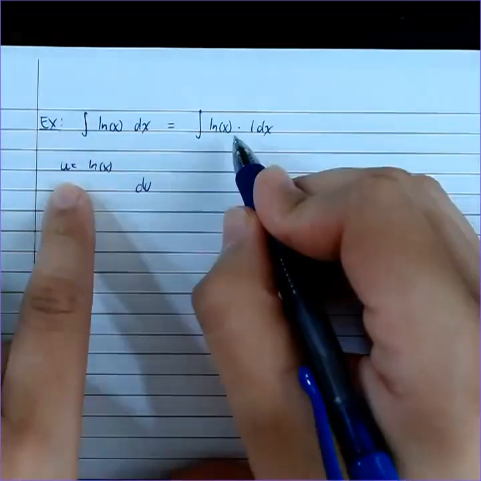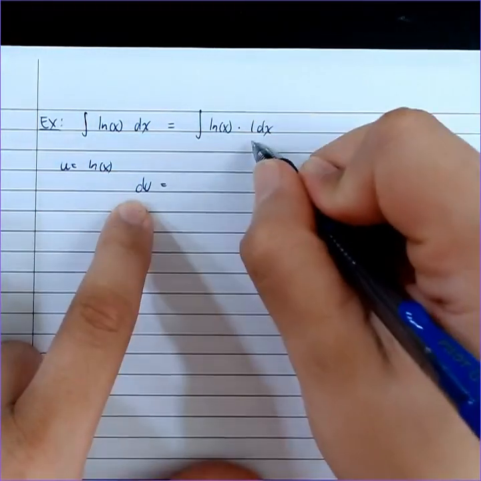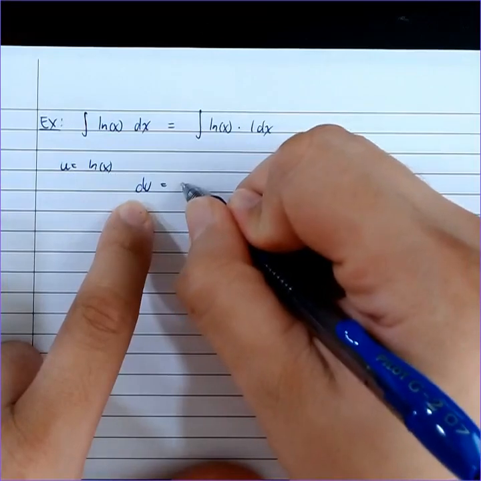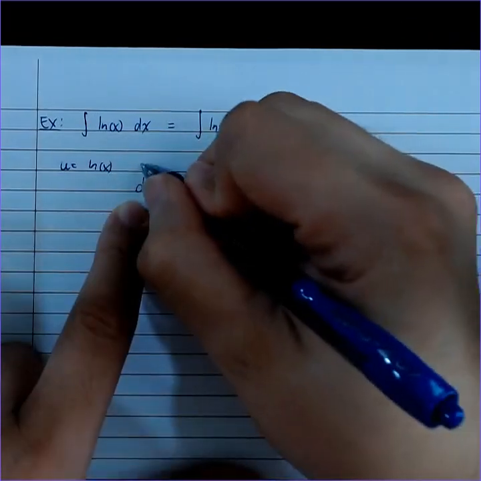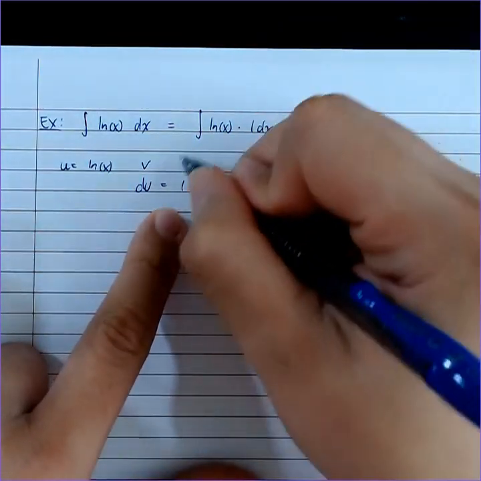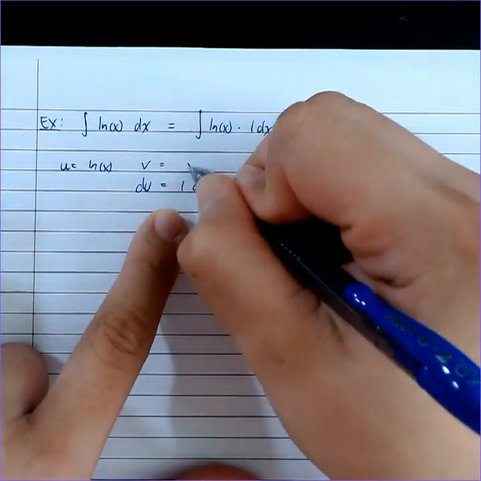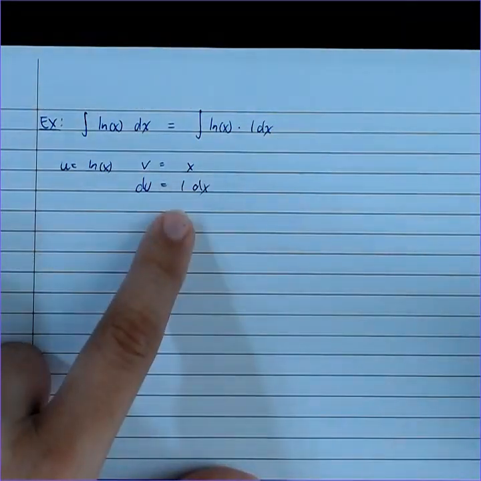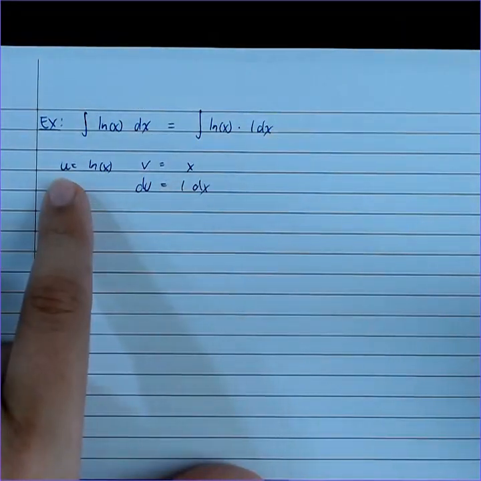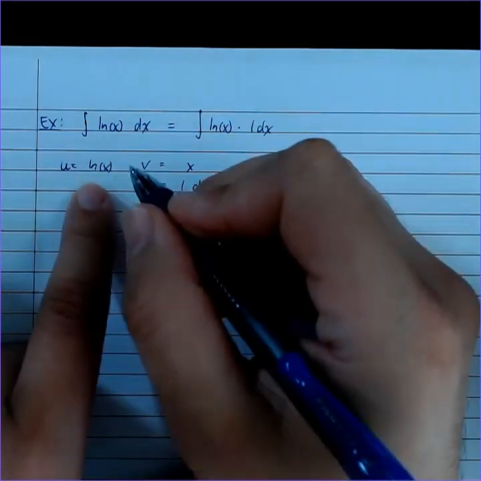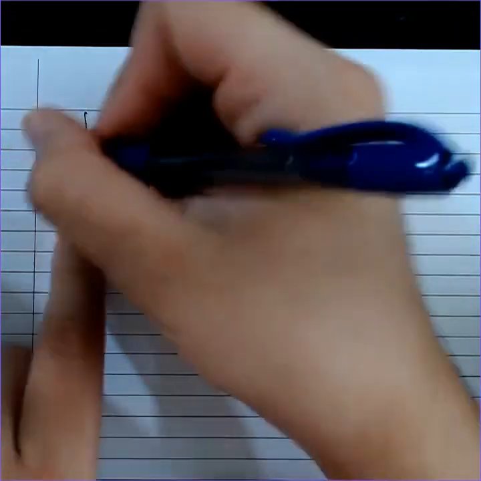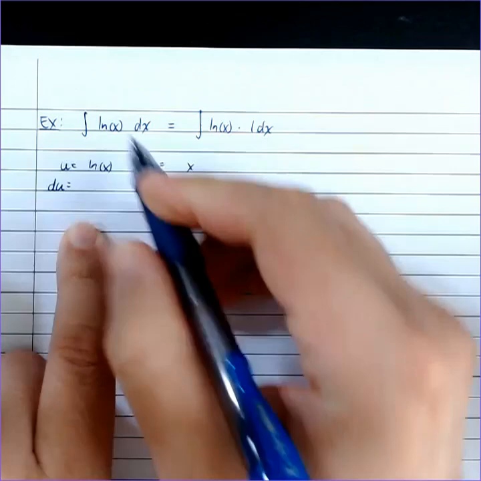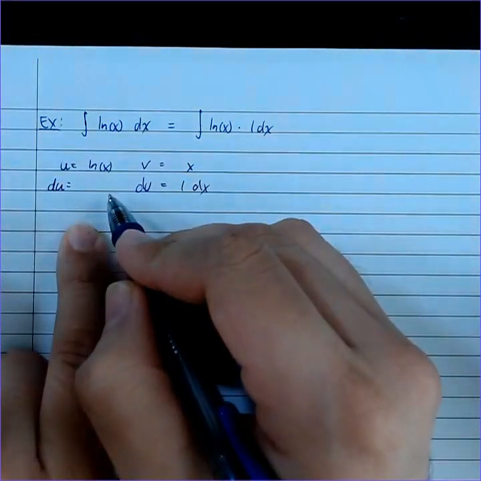So here, u is the natural log of x, which means dv must be that 1 dx. Or you can just say dx if you like. All right, well then the integral of 1 dx is going to be just x, the integral with respect to x. Here, the derivative of u is going to be the derivative of the natural log of x, so the differential of u must be the derivative of the natural log of x dx.